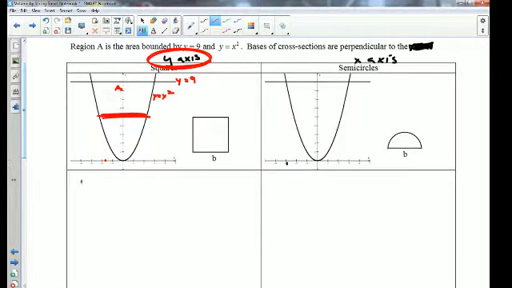Y. We are still 0 to 9, dy. How do you identify that? Because it says the cross sections are perpendicular to the y-axis. So that means we're in terms of y now. Correct? Okay.